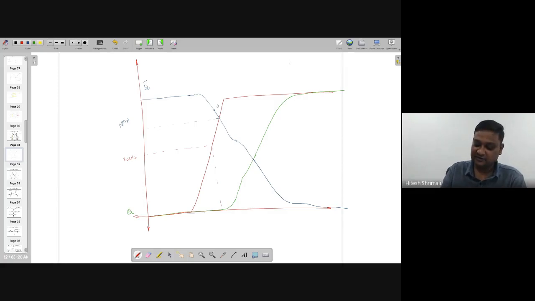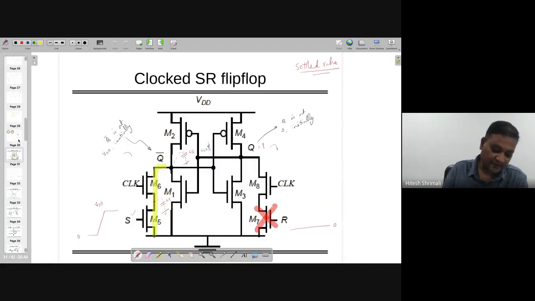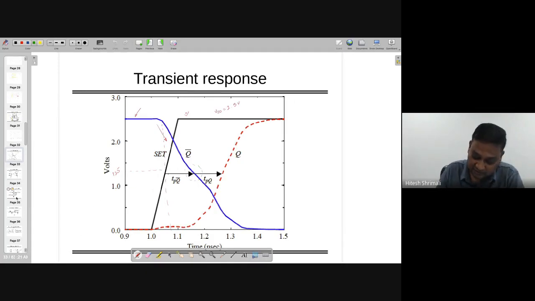But that much time will pass. Of course, this will be 2tp and the rest of the things will also be taken into account. So we have to understand that, and that's how things will look. And here you can see that tpQ bar and tpQ in total come from two inverters, right?